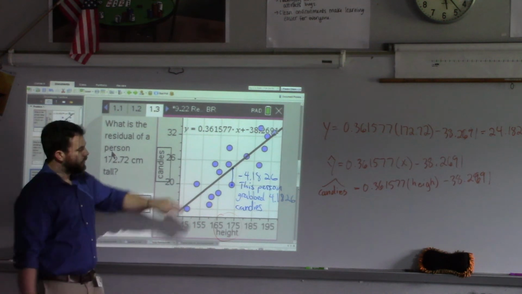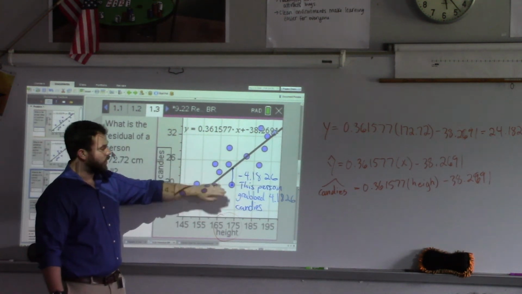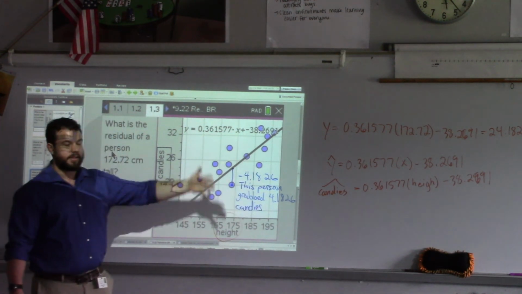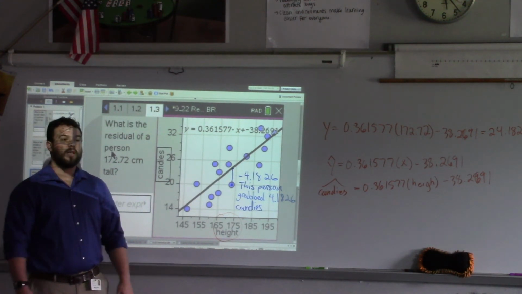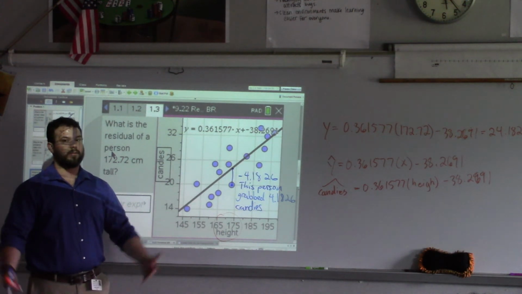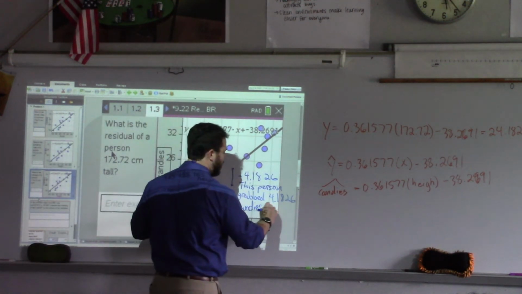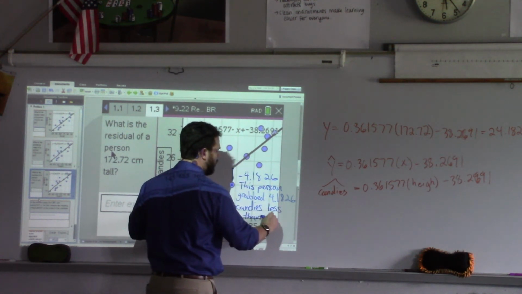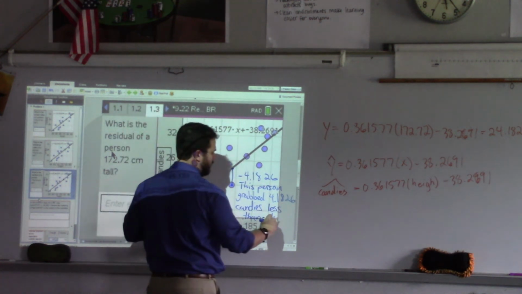So it was predicted that they would grab 24.1826. They grabbed 20. So they grabbed 4 less. That's what we need to recognize. I'm going to go ahead and tell you, on your test, you're going to have to interpret a residual. I am telling you that here and now. This person grabbed 4.1826 candies less than the predicted, not the actual value.